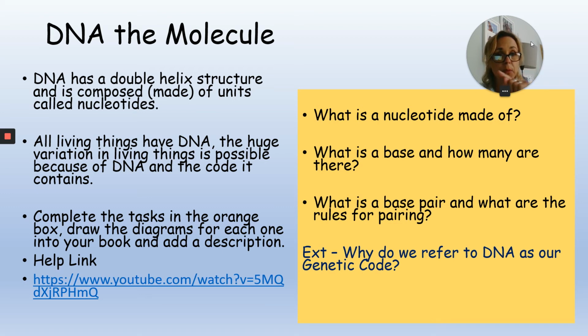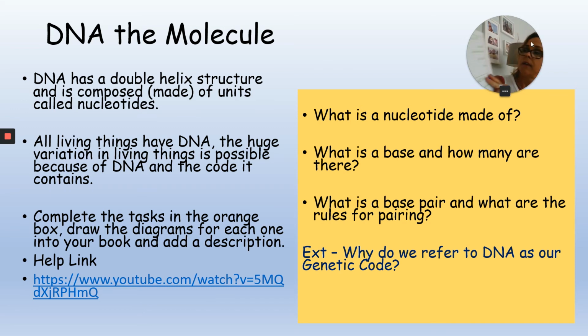Okay, and that will help you with the characteristics bit. It is an extension task, so if that's really tricky, you can leave that one. But it's a really good way to understand and a good way to remember what it is that DNA does. So this will be your second page of your double page spread.